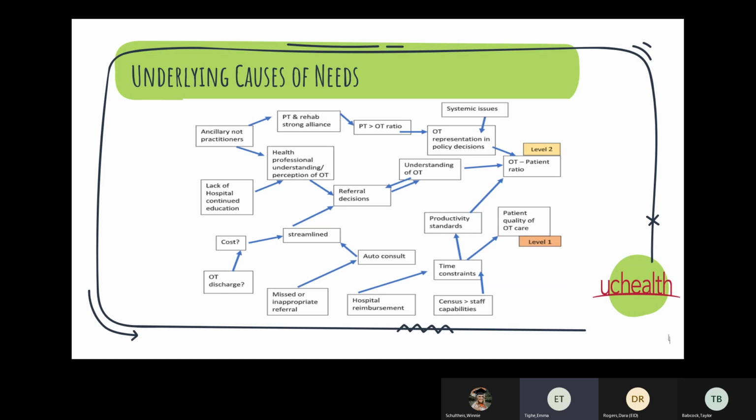The need of a more streamlined referral process and OT staff to patient ratio is caused by the underlying issues regarding productivity standards, health professionals' understanding of OT, hospital reimbursement standards, referral methods, and OT representation. And the ethical tensions related to working in acute care develop from pressure of productivity, inadequate time for quality practice, insufficient staff, excessive caseloads, and a lack of resources.